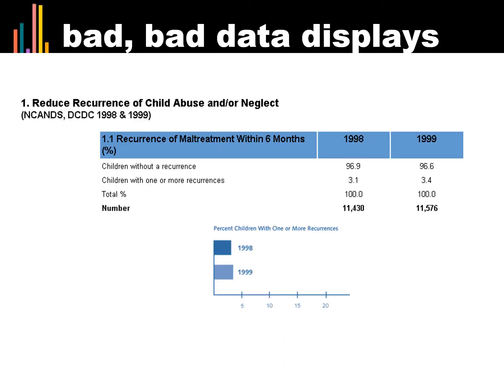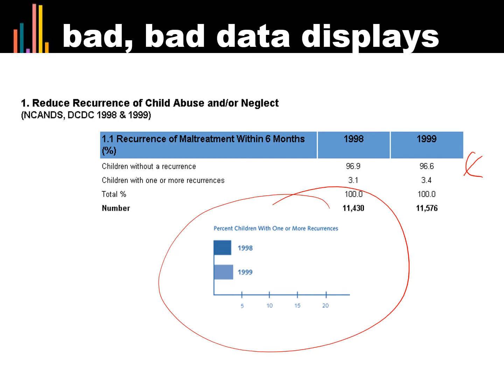And while this data display, you think, well, this looks kind of nice. We have the data here, and then we have the little display down here. But there are several problems with this, and I want to point them out. One, notice that there are no labels. So 5, 10, 15, 20, we don't know what those represent. I'm going to guess that they represent this number right here, because it's the only one that fits.